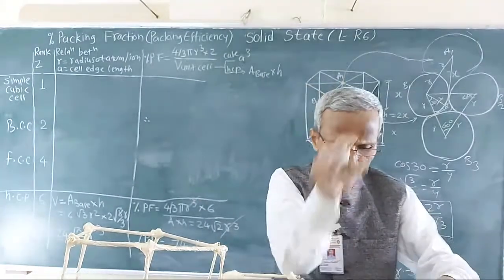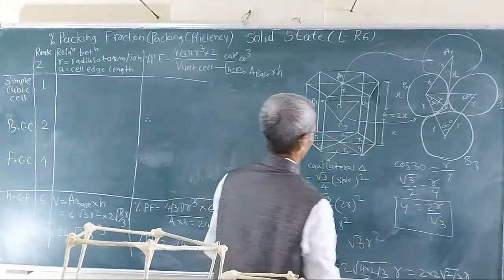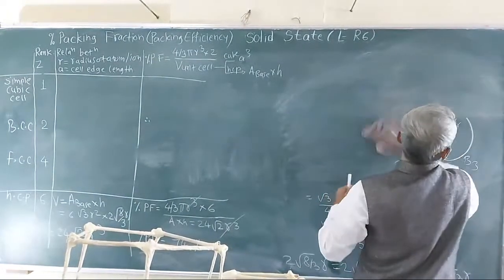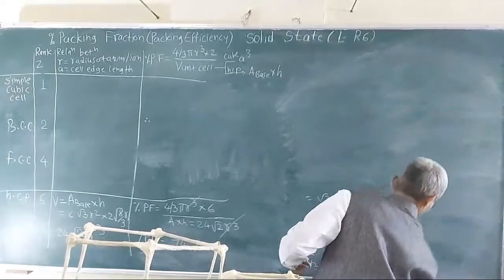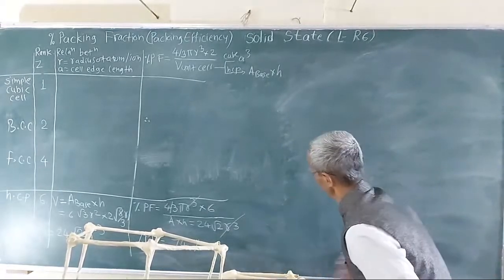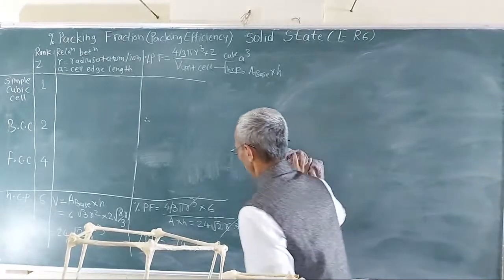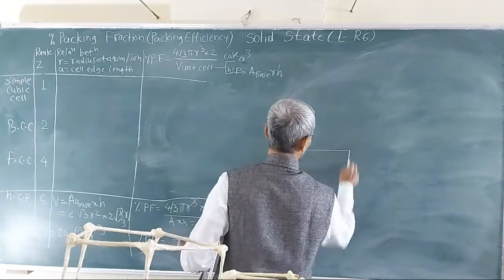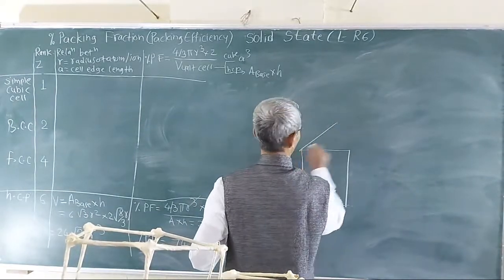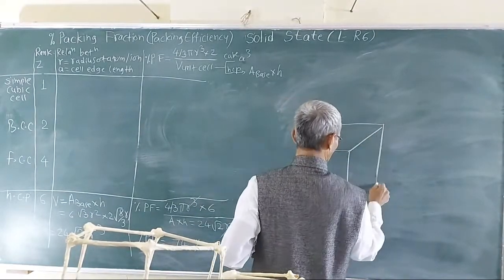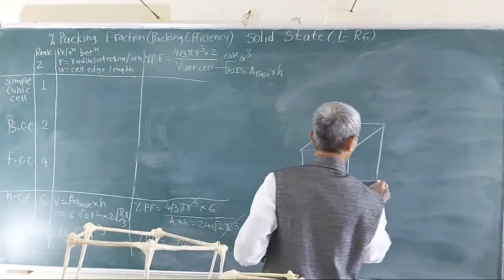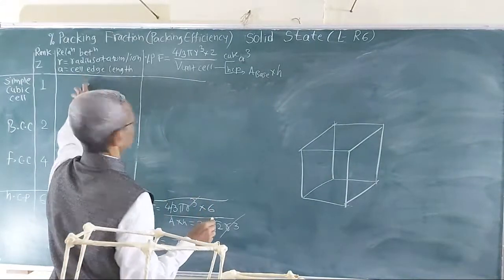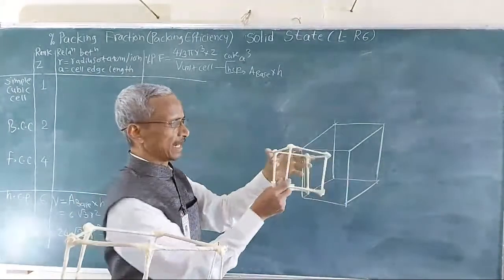Now consider the cube. This is the cube. Now I discuss here the relation between the radius and a.